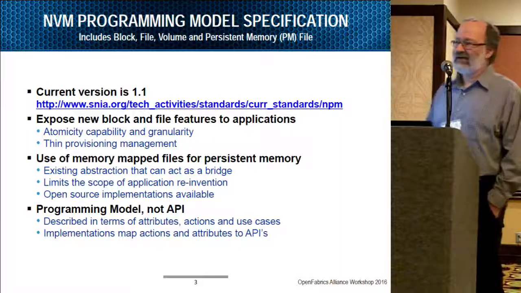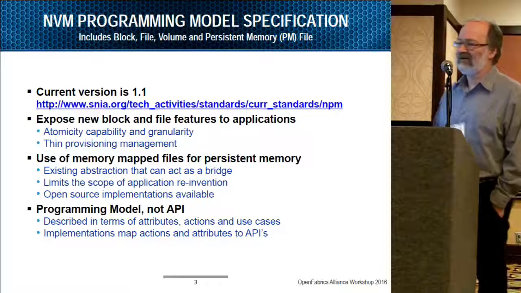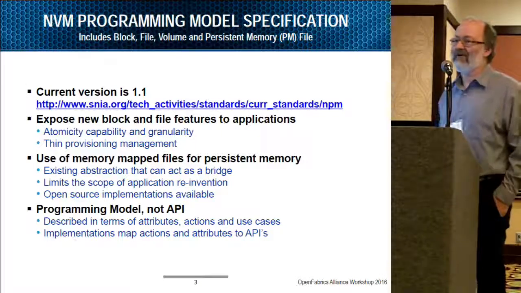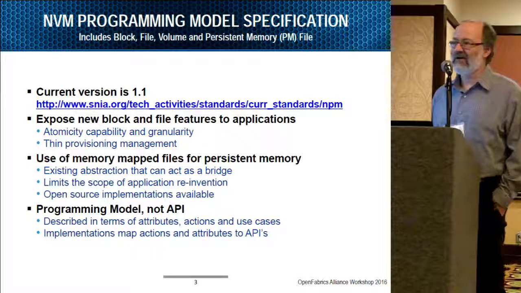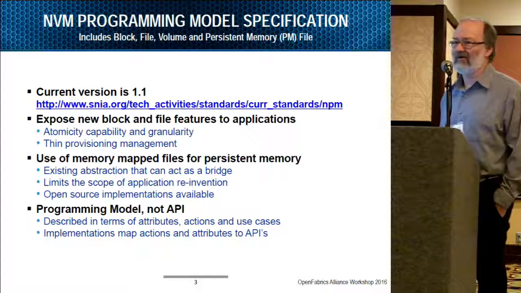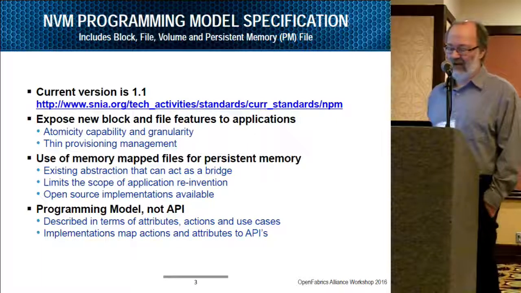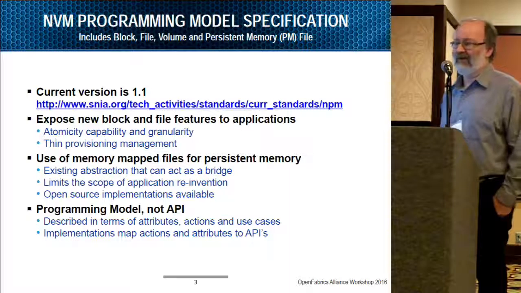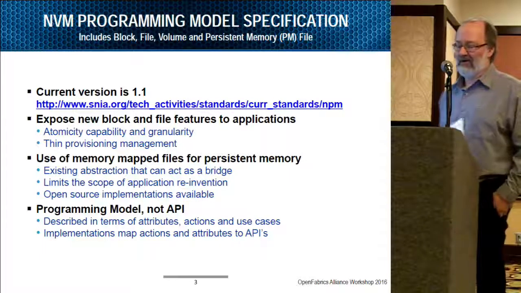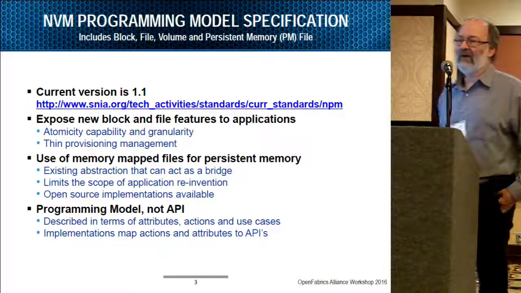It also limits the scope of reinvention. If you choose to build up a new paradigm for accessing persistent memory, you have to deal with how you are going to manage your namespace and how you are going to deal with permissions. All those problems are already solved in a file system. And there are plenty of open source implementations available for experimenting. So those are some of the reasons why we chose memory map files.